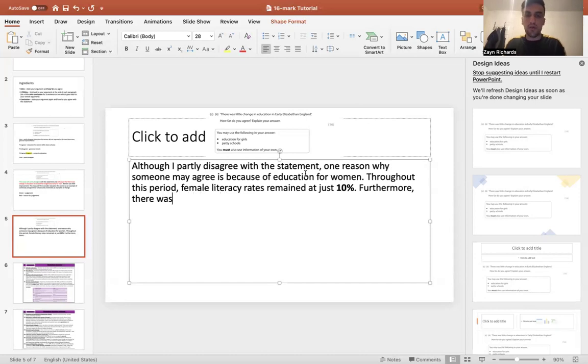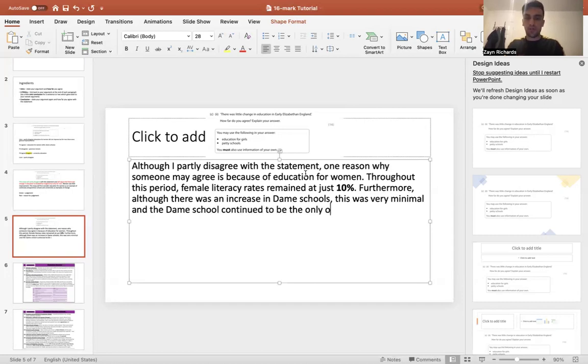Although there was an increase in dame schools, this was very minimal, and the dame school continued to be the only educational option for most girls up until, I think it's 6. I might be wrong on that. Up until the age of 6.